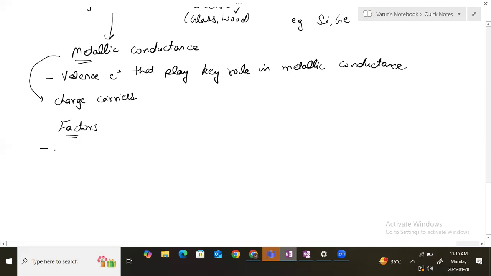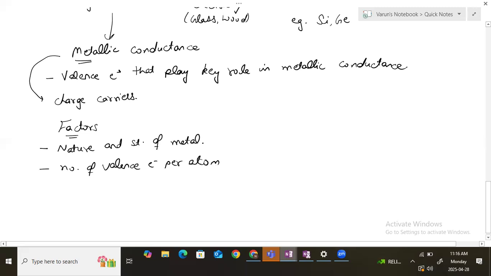So metallic conductance depends upon the nature and structure of matter, basically the number of valence electrons. The more valence electrons, the better the conductor.